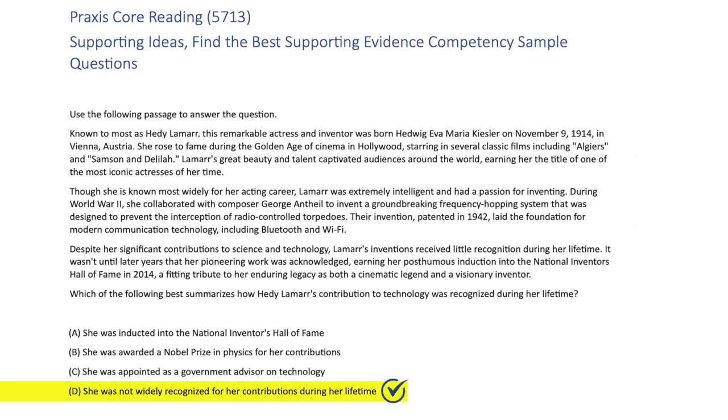Therefore, D, she was not widely recognized for her contributions during her lifetime, is indeed the correct answer choice. While the other items actually happened, they were not until after her death, or her being appointed as a government advisor on technology was not necessarily her being recognized.